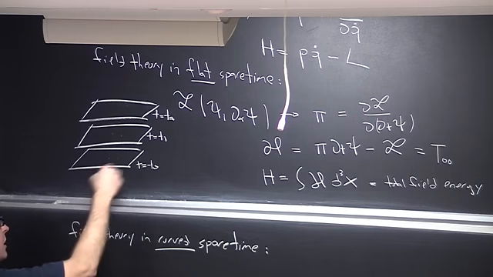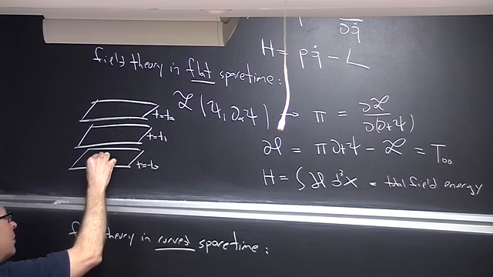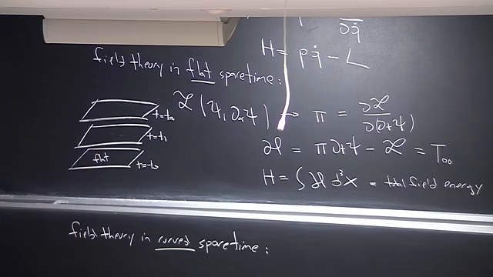We take each slice to be t equal constant. We take each slice to be flat. But in a curved spacetime situation, the bottom line is that we still want to do something like that to continue with the Hamiltonian formulation, but we don't want to do it in a way that's too rigid. We don't want to do it in a way that's tied to a specific coordinate system.